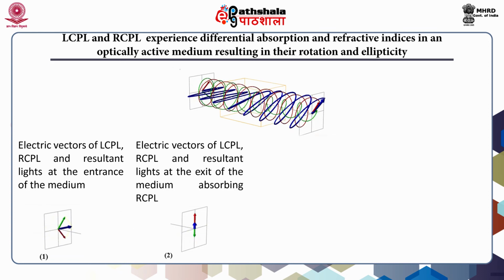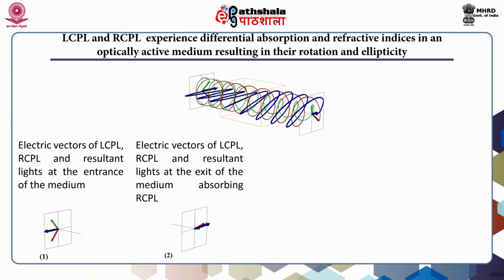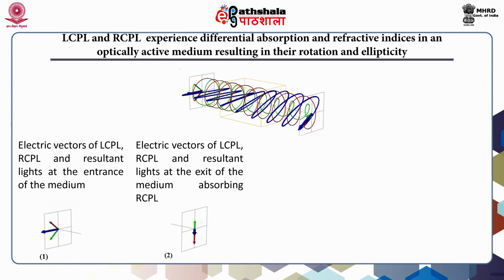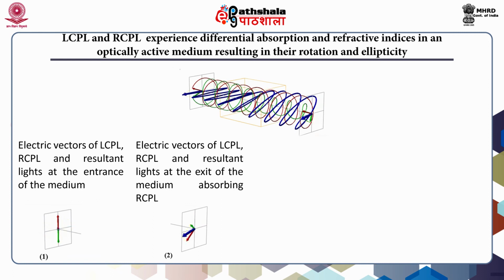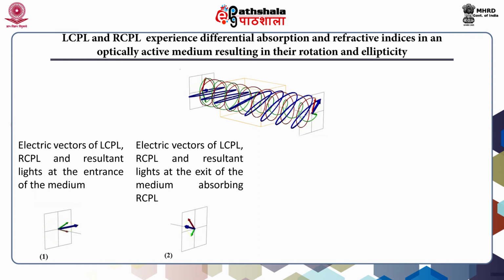Here you can see the right-handed component is smaller as compared to when it was in the incident light. So this smaller amplitude indicates that a part of the light has been absorbed by the optically active medium, while the electric component of LCPL, represented by the vector in red color, has not changed.